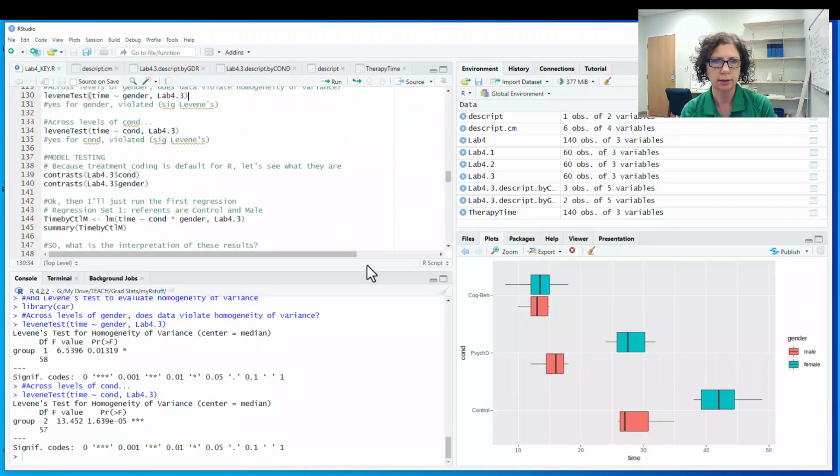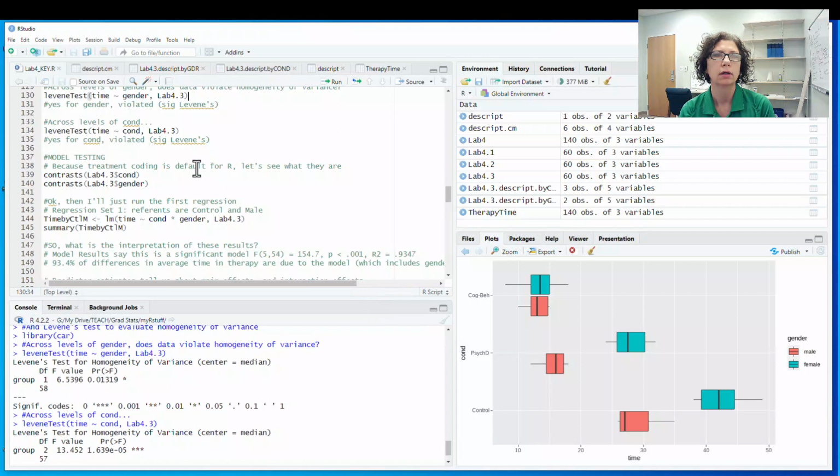Now, one thing, for R, treatment coding is default. In other words, we never had to set up treatment coding specifically, because as soon as we say we have a categorical predictor in the equation, R is going to treat it as treatment coding with whoever's first as referent.